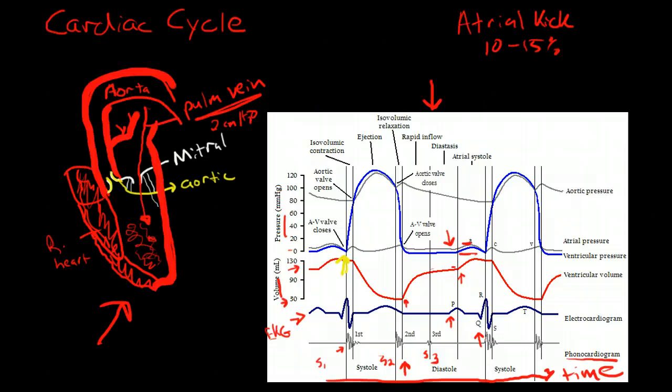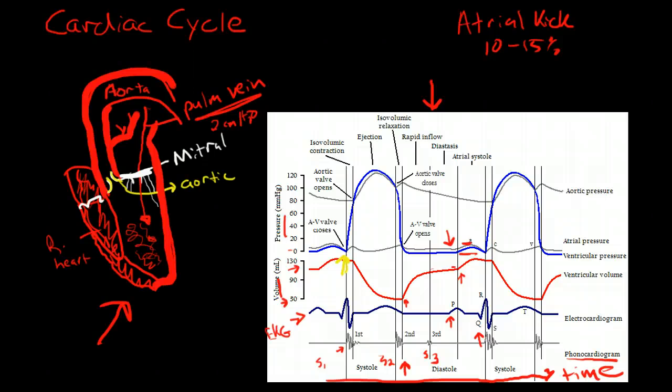So what happens with ventricular systole is the ventricles start to contract as they depolarize, and the pressure of the ventricles contracting closes the mitral valve. So AV valve here stands for atrioventricular valve. Mitral valve is one of them. The one on the right side of the heart is the tricuspid valve. So the mitral valve closes.